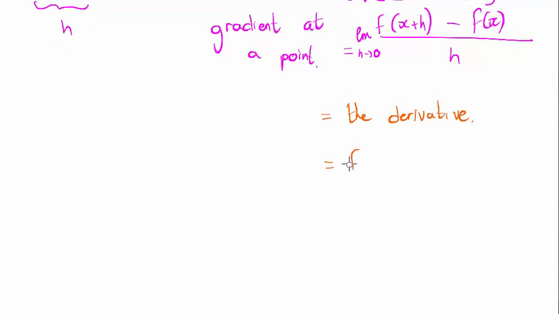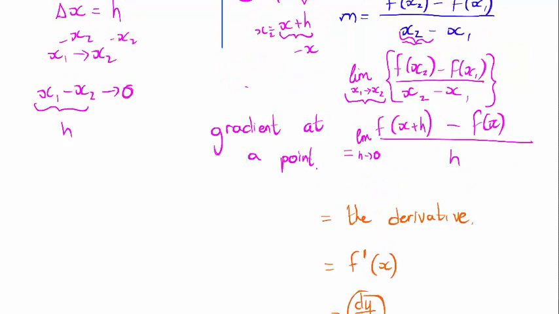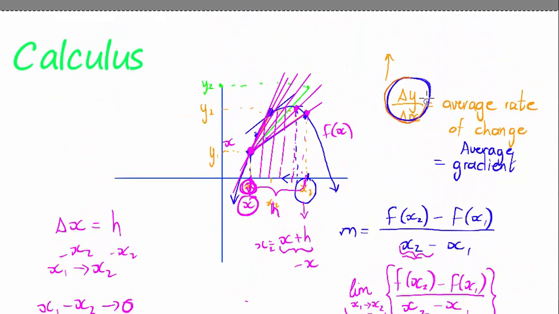And the notation we use is a little f with a little accent that represents the derivative, or it can be dy over dx. Notice the relationship between this and that.